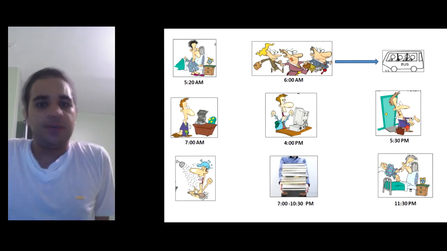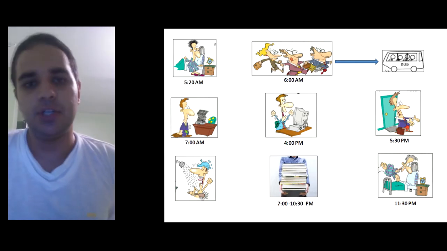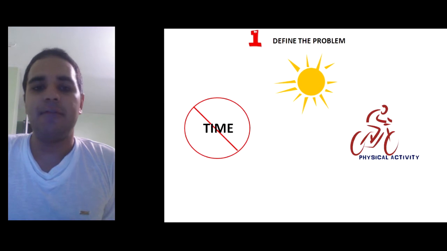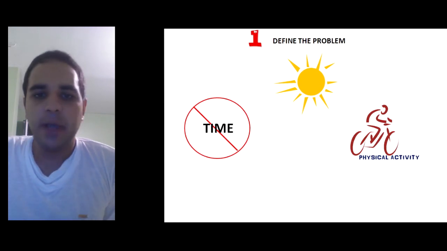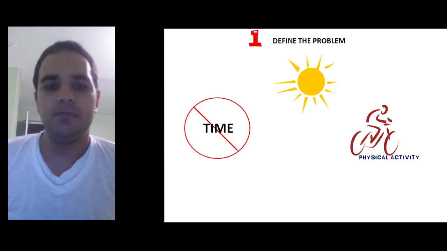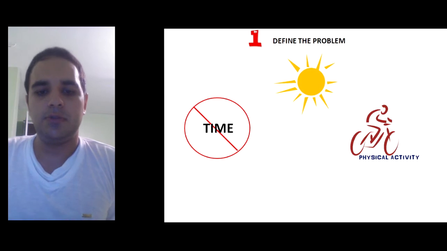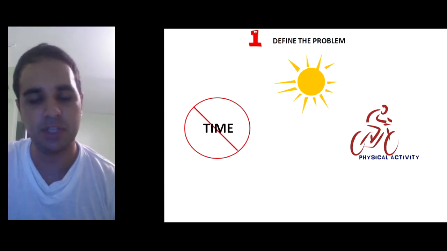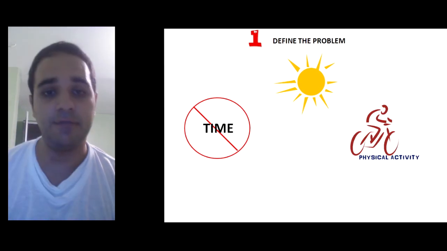But there's a problem here. You don't have time. You're going to have to find a way to break your routine in order to have some free time to practice the physical activity.